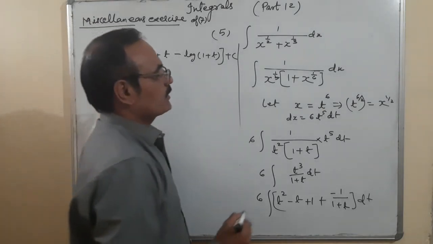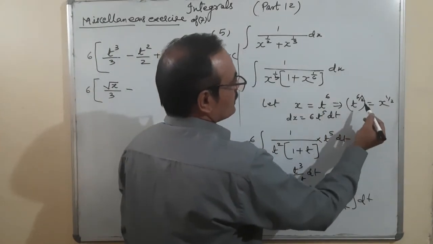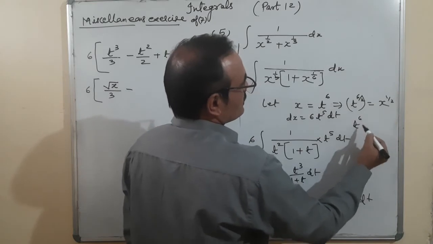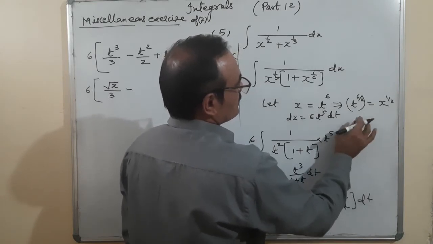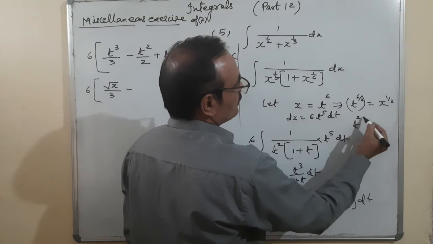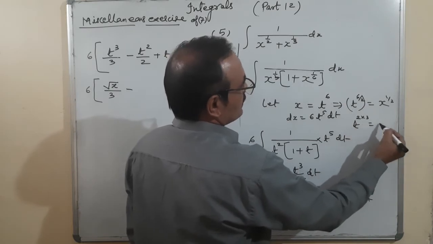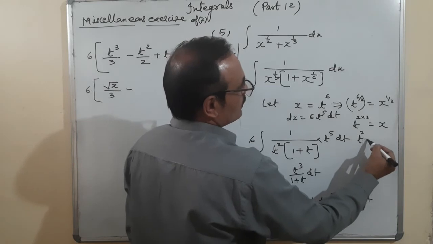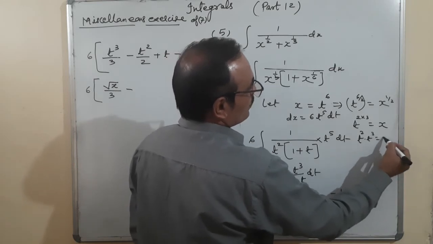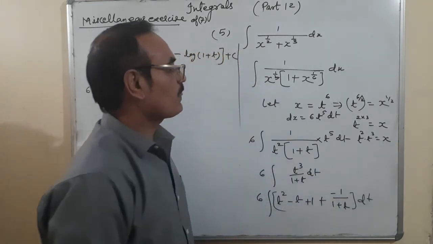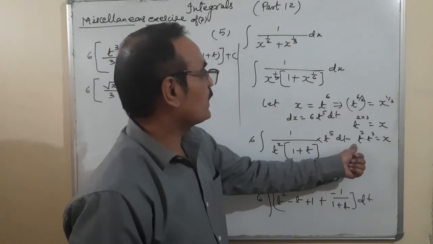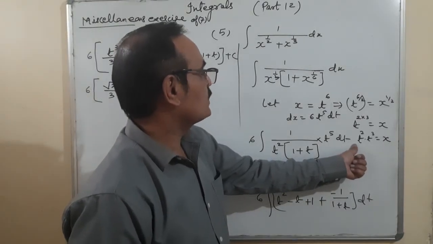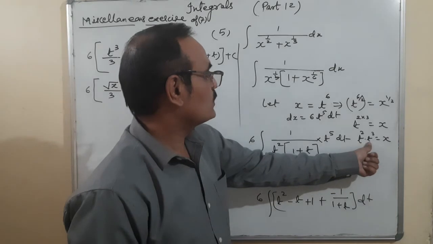What is t square? This can be written t to the power 6 here, and 6 can be written 2 into 3 is equal to x. T to the power 2 into t to the power 3 is equal to x. This is the term. So what is the value of t square? Because t cube is equal to root x.